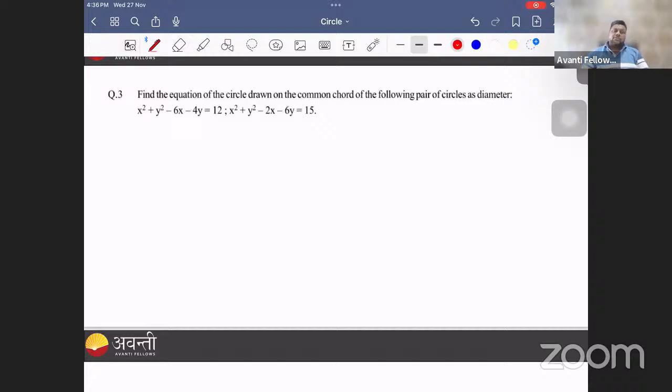S1 minus S2 equals to 0. Quickly do. Just quickly try, students.